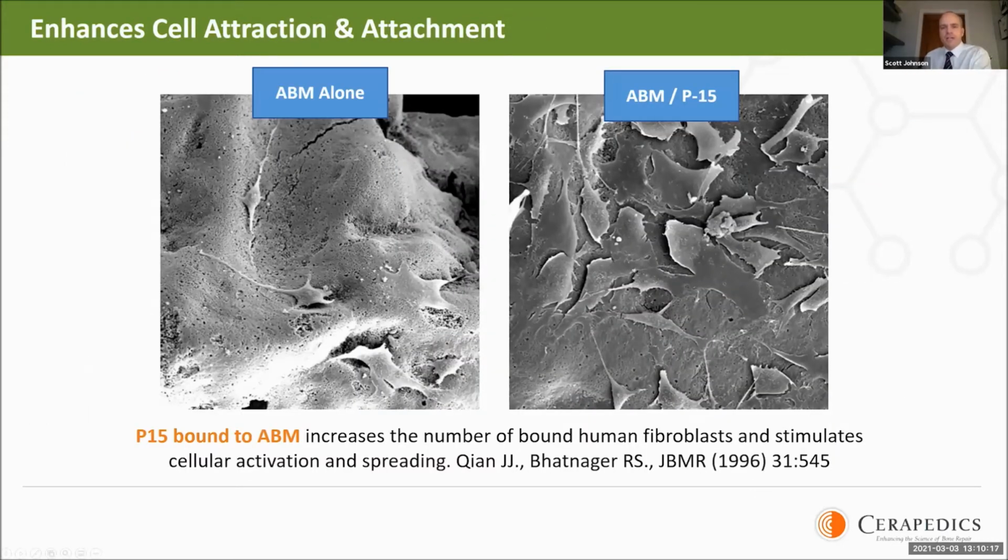So iFactor has a mechanism of action which is based upon the cell's high affinity for P15 binding sites, and in cell culture experiments the effect of P15 is clear, with much higher numbers of cells adhering to the surface treated with P15 compared to those surfaces without.